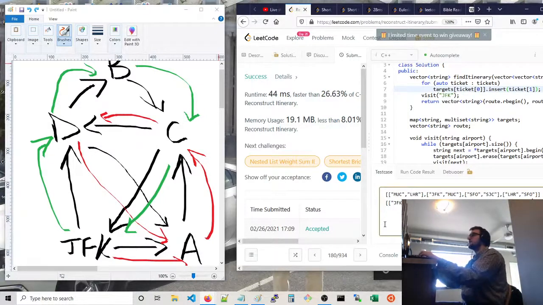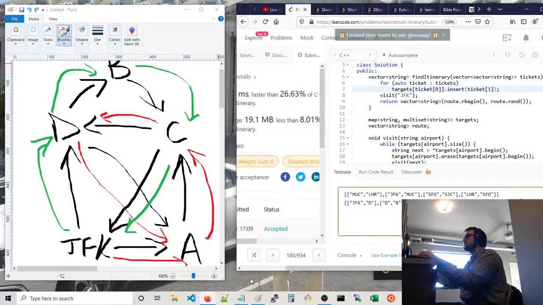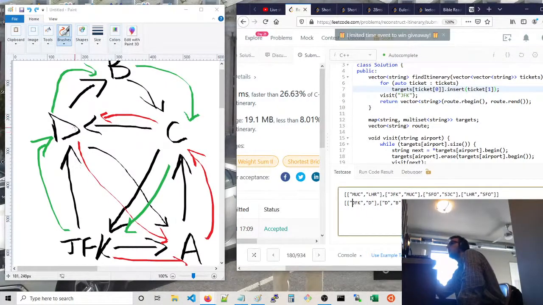I need to see a few examples, I think. JFK to A. Let me see here. C to JFK and A to C.